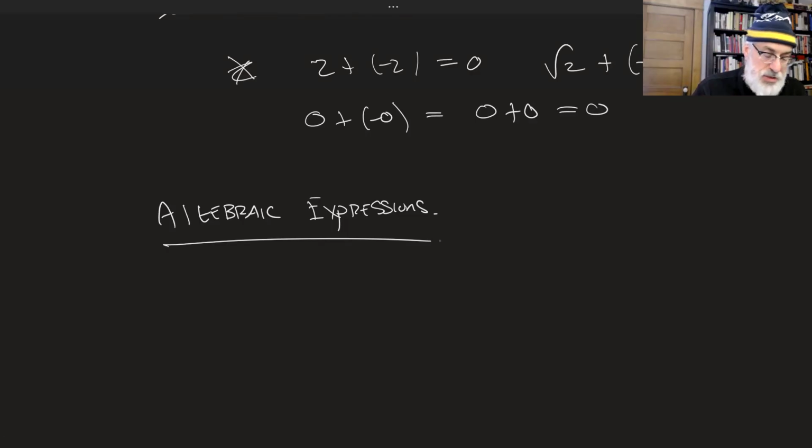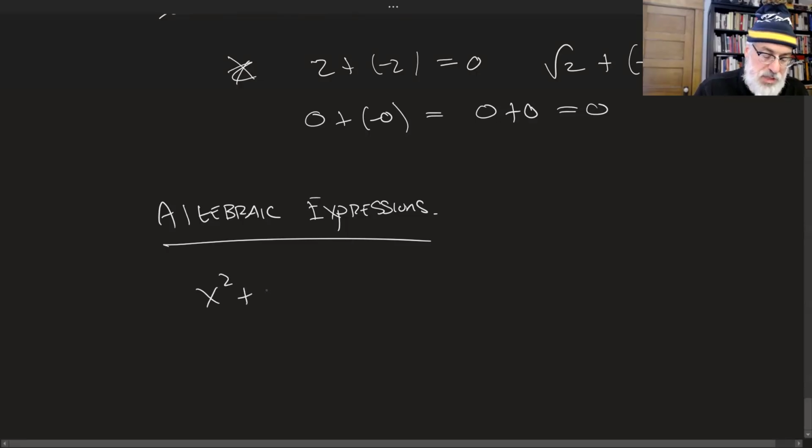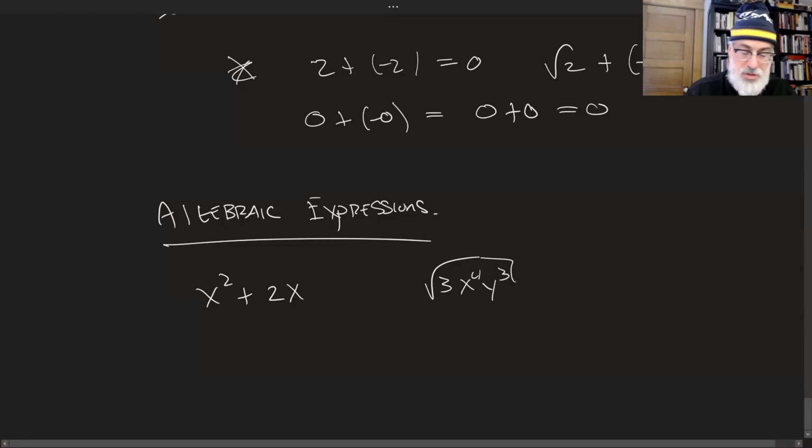Let's give some examples. X squared plus 2x is an expression. The square root of 3x to the fourth, y to the third is an expression. X to the third plus 4 is an expression. If I put an equal sign, that's an equation. So expressions lack the equal sign.